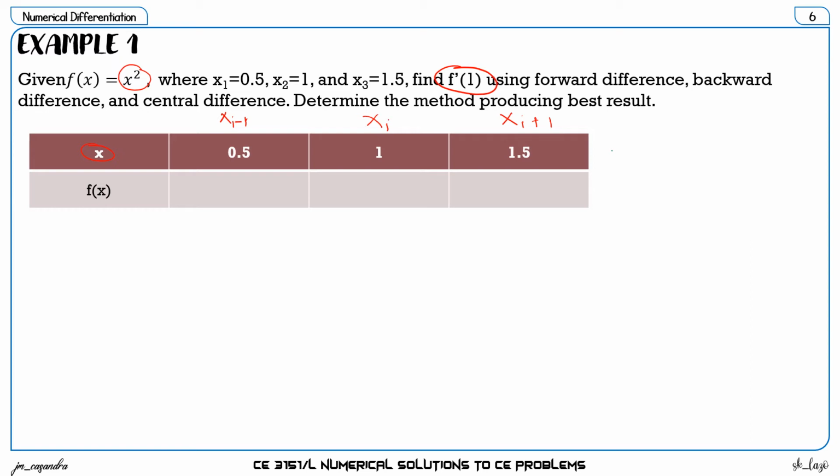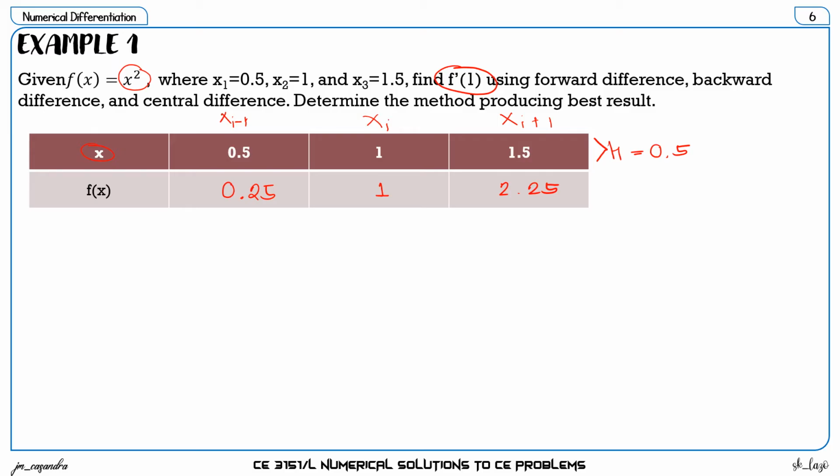So 0.5 squared gives 0.25, 1 gives 1, and 1.5 squared gives 2.25. From here we can see that the difference between the values of x, which will be denoted as h, is equal to 0.5.